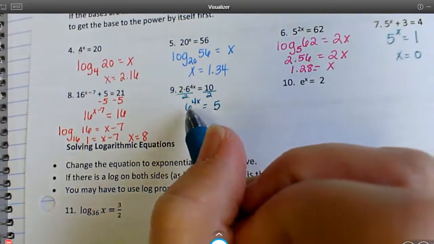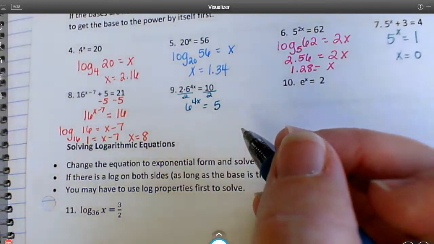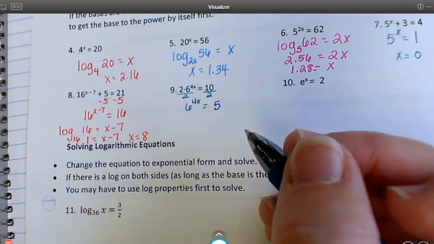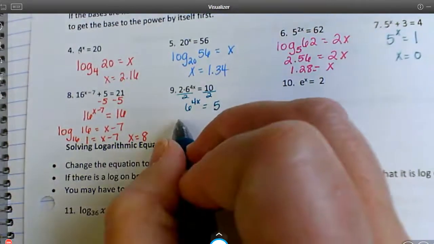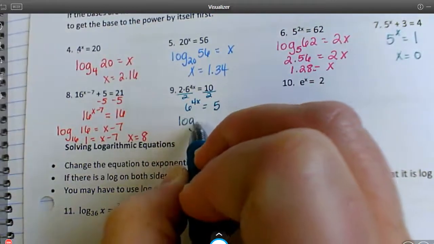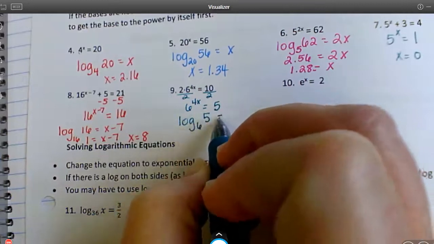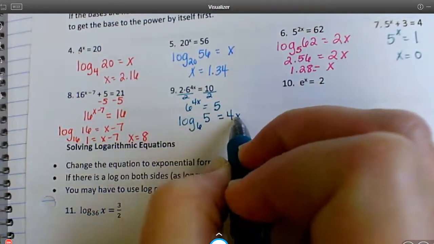Alright. At that point, I'm going to now rewrite it in log form. Once you have a number to a power equals a number, you can rewrite it in log form. So we're going to say log. What's our base going to be? 6. Go to the 5 on the other side of the equals, 4x.